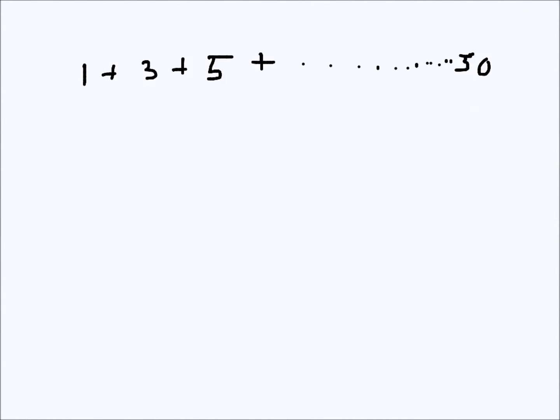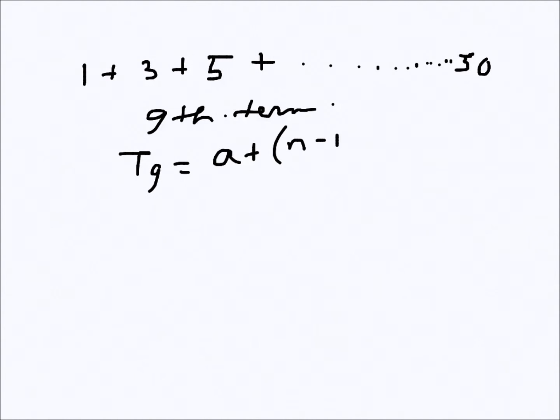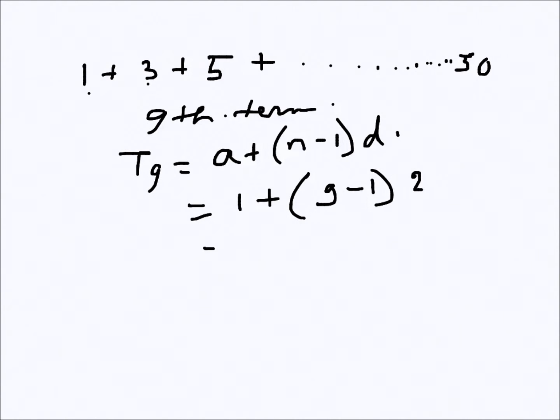We want to find the sum, or maybe we want to find the ninth term first. So what is the ninth term? That will be t9, a plus (n minus 1) times d, and a is 1, n is 9, and d is again 2. So that's 1 plus 8 into 2, which is 1 plus 16, that's 17. That's the ninth term.